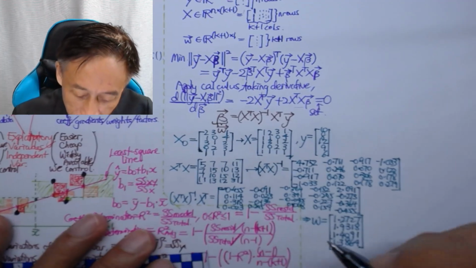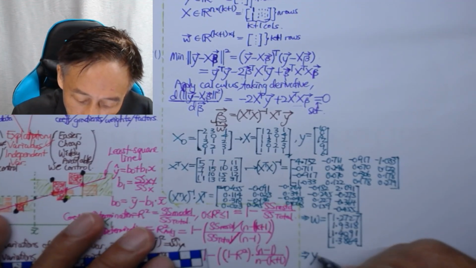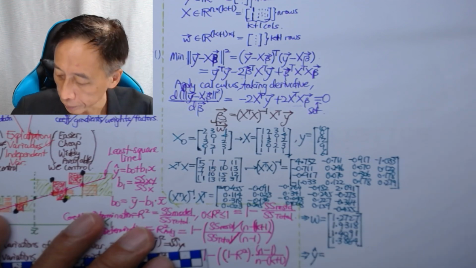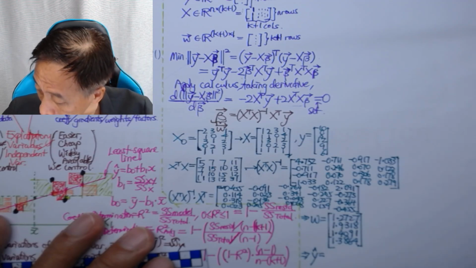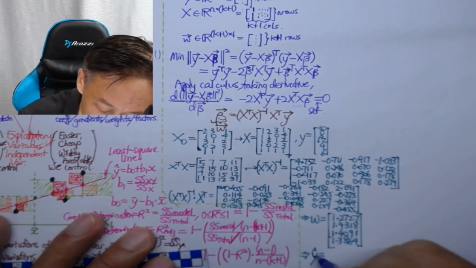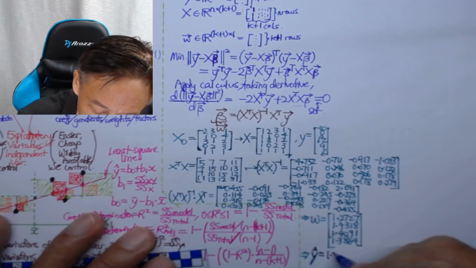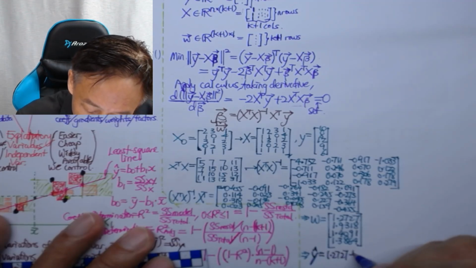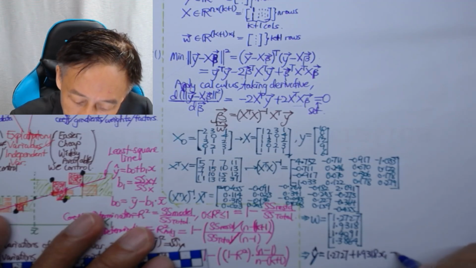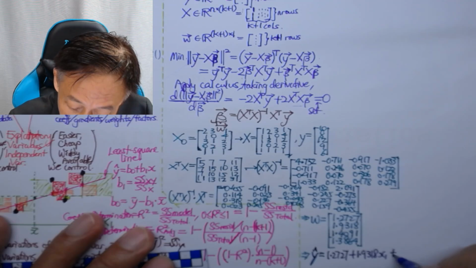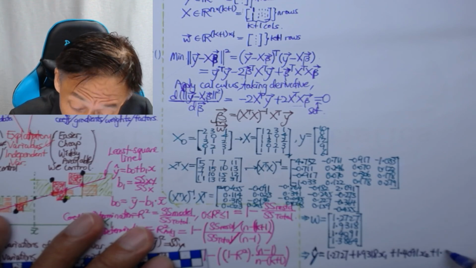So this means that our model is going to be, okay, maybe it's good time to say, our y hat is equal to 1.27, this is how we interpret the y, plus 1.9318 x1 plus 1.4091 x2 plus 1.3864 x3.